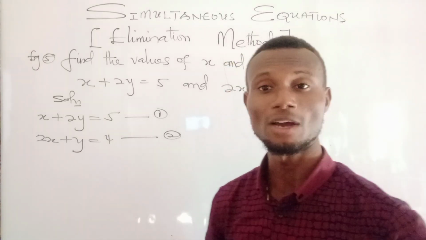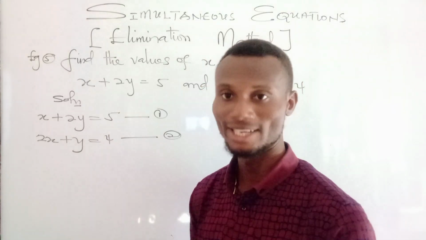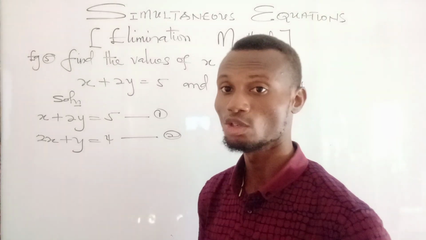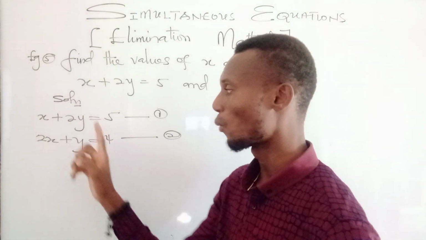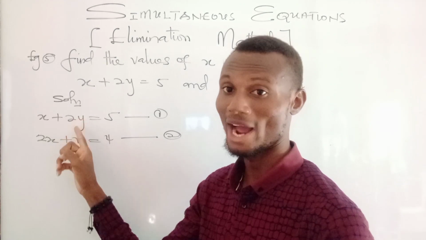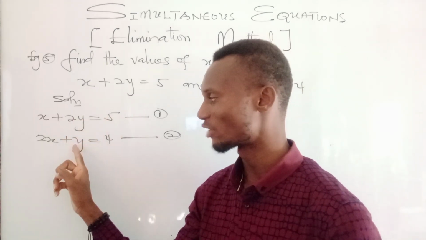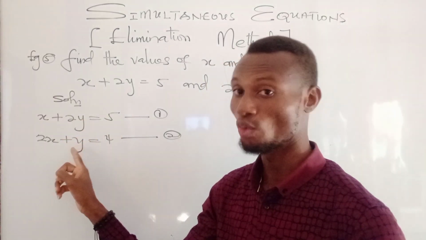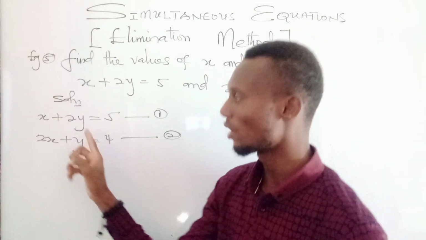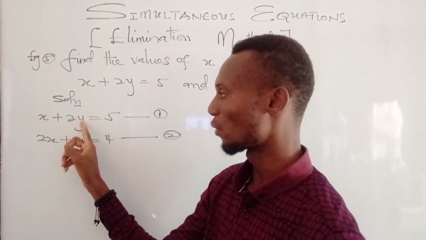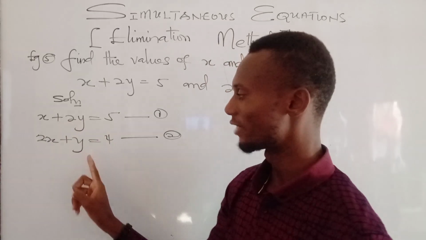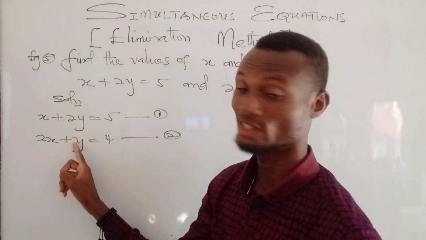Now if someone wants to eliminate y instead, it's the same process. You have to make sure that the coefficient of the y which is in this equation 1 is the same as the coefficient of the y which is in this equation 2. You can see that the coefficient of this y in equation 1 is 2 and the coefficient of this y in equation 2 is 1.